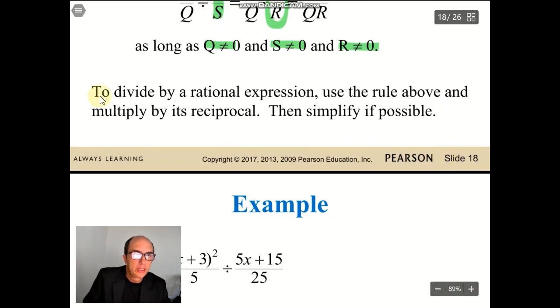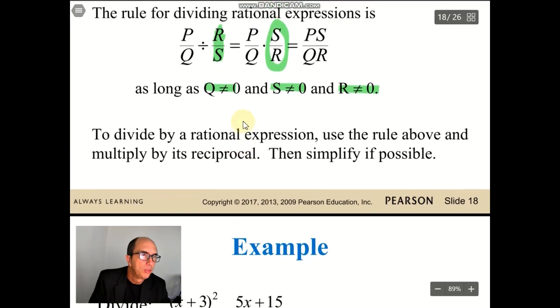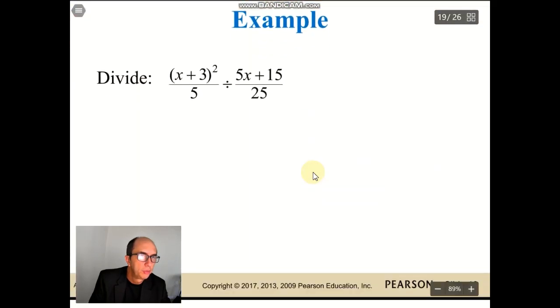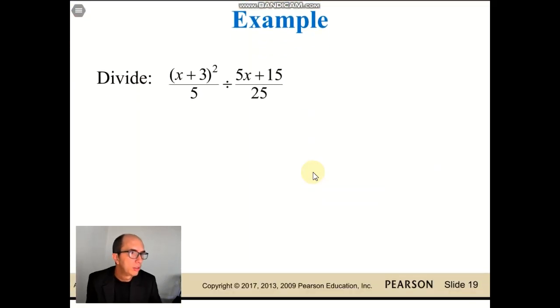The procedure is to divide by a rational expression, use the rule above and multiply by its reciprocal, then simplify if possible. Let's work on an example to see how to proceed.